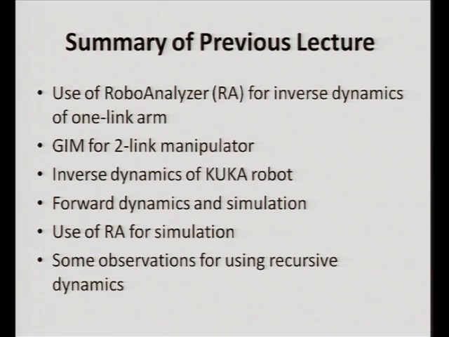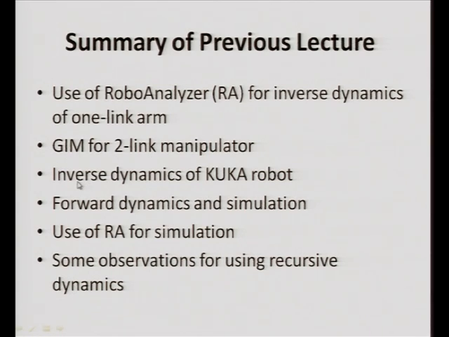So, let us take a quick review of what we have done in the previous class. We have used RoboAnalyzer for inverse dynamics of one link arm, which we have derived in detail. Generalized inertia matrix for two link manipulator, also we have found out each element of it.